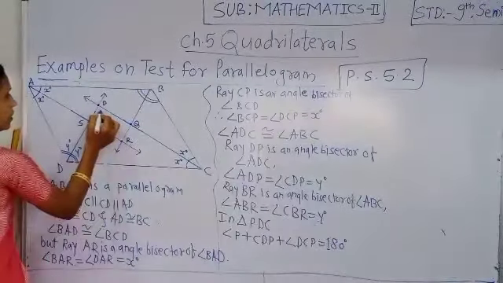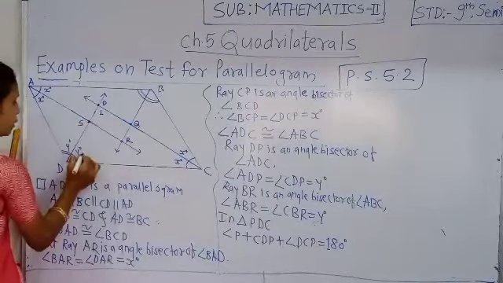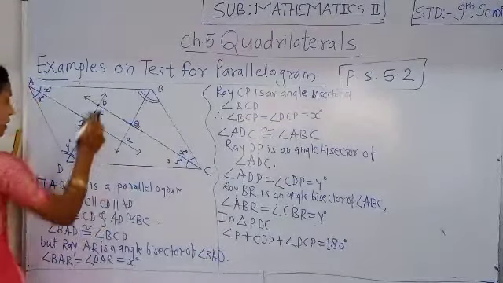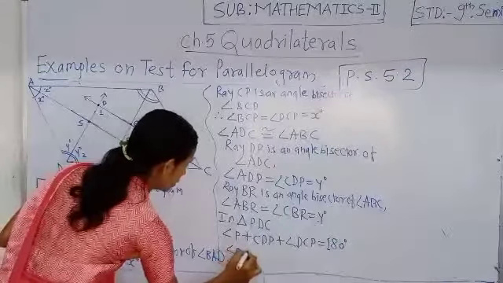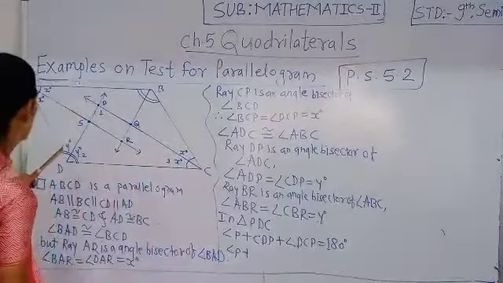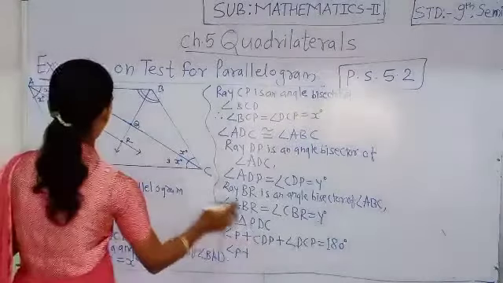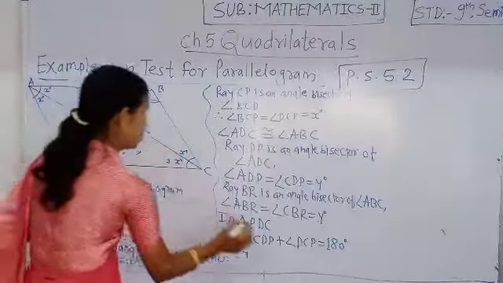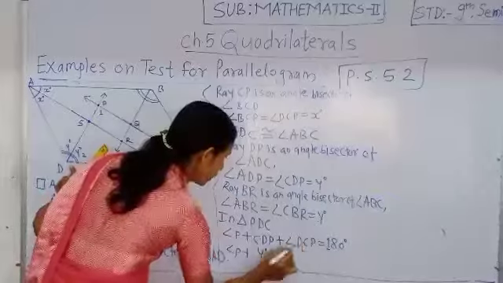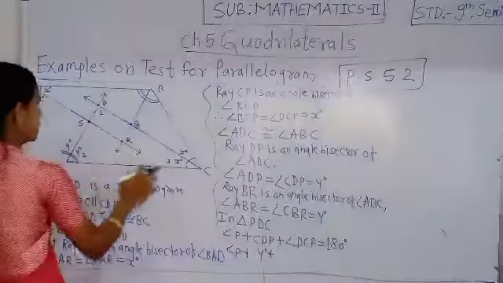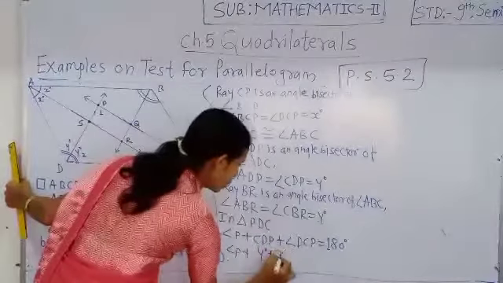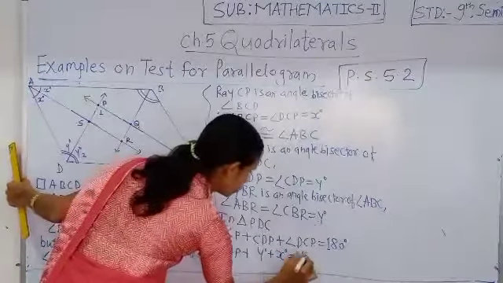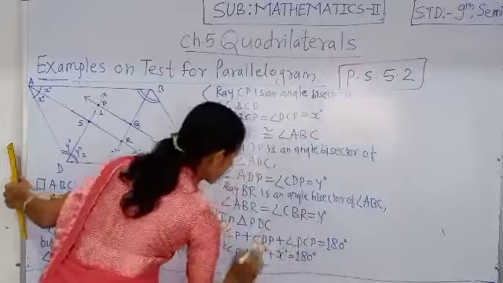See here angle number 1, angle 2 and angle 3. Therefore, here angle P plus angle CDP, which is of y degree, plus DCP, which is of x degree, is equal to 180 degree.